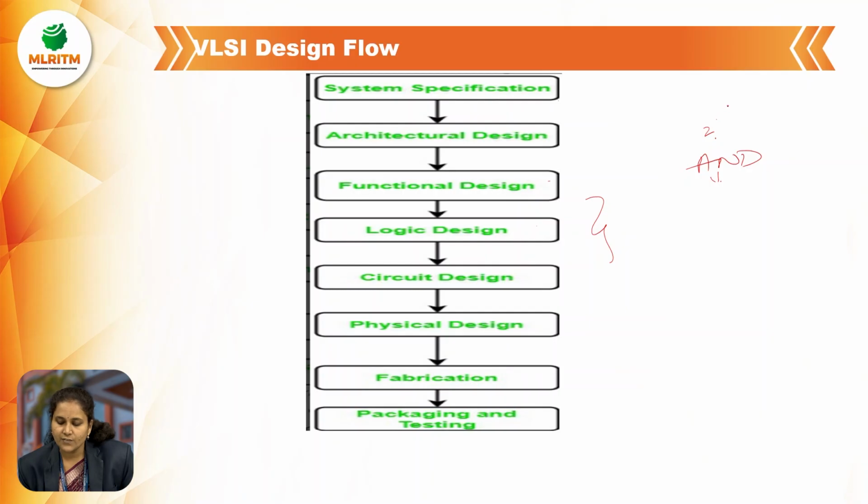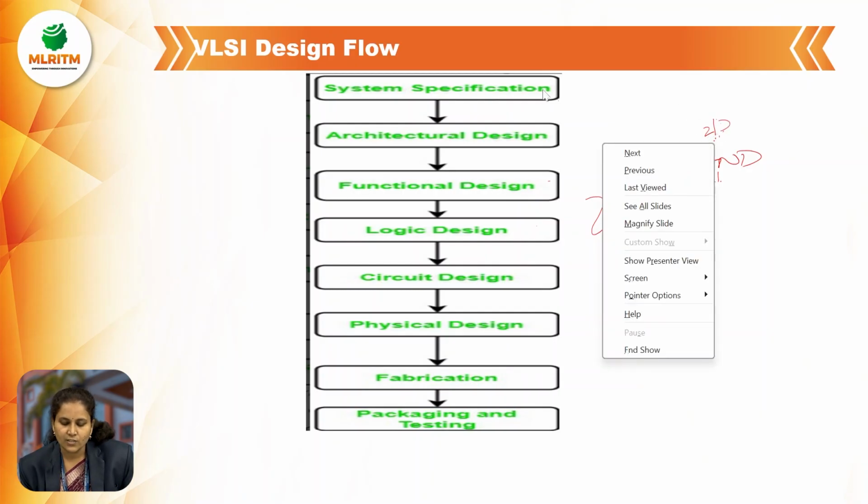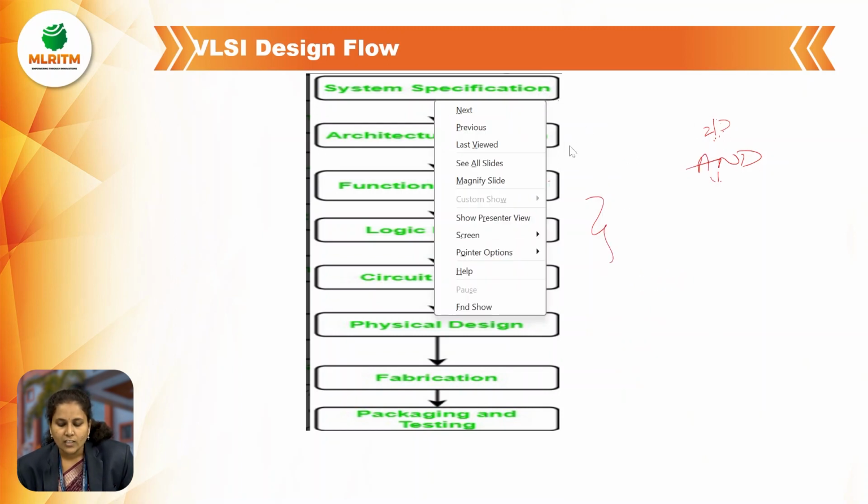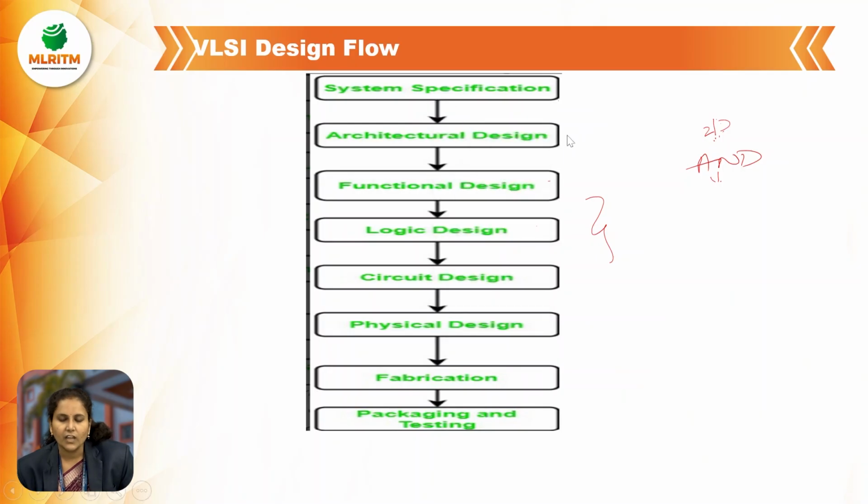We have taken the 2-input AND gate example, so if the specification is given as a 2-input AND gate, that is the system specification. Then the architectural design is based on the truth table.